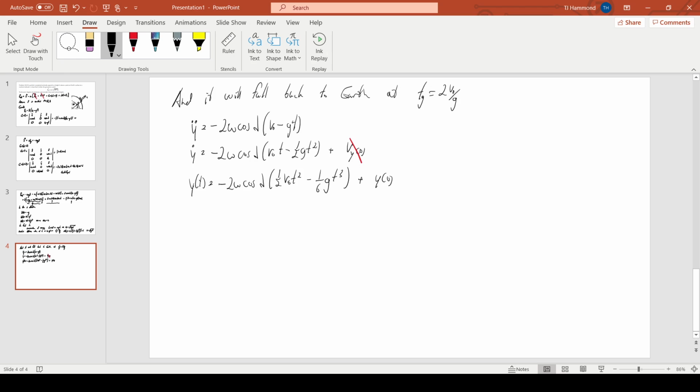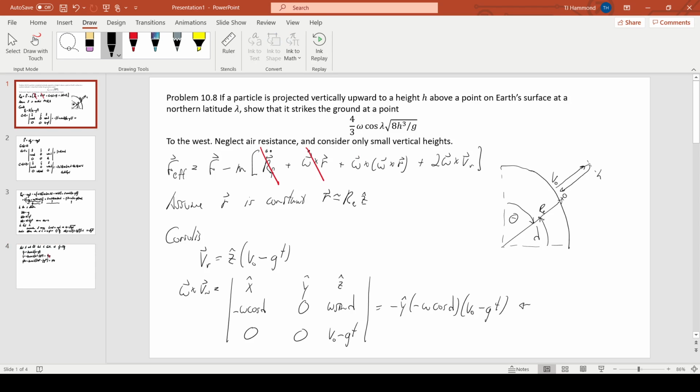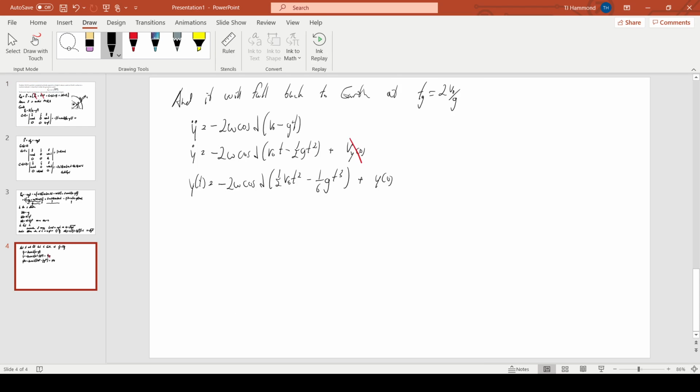Okay? You'll notice from how the question's set up that it lands on the ground at a point away from where you start, and so what we'll be taking is the final minus initial, so that y0 will go away. Now y at tg, which is the time when this thing hits the ground, will be minus 2 omega cos lambda. We can get rid of the 2, get rid of that 2, and change that to a 3.